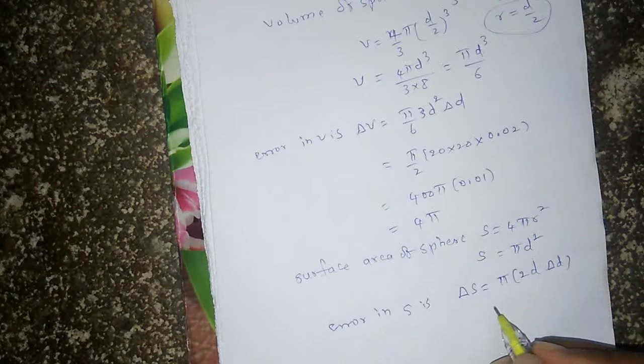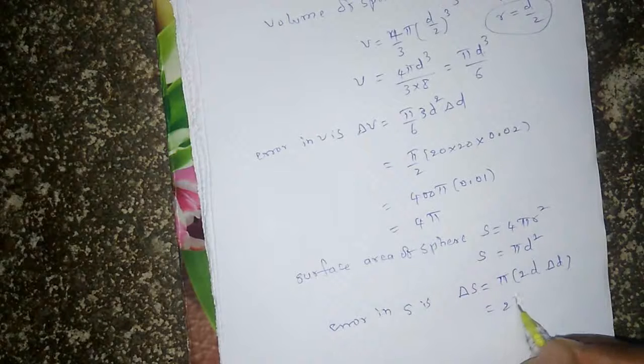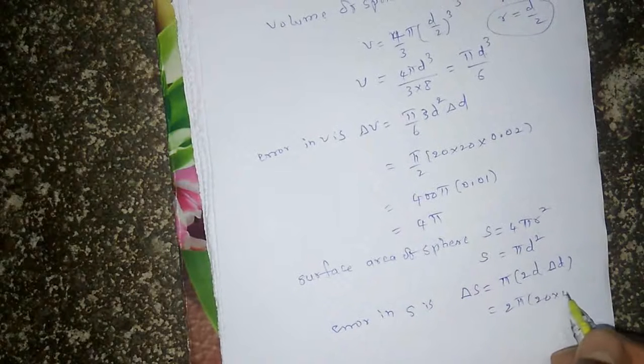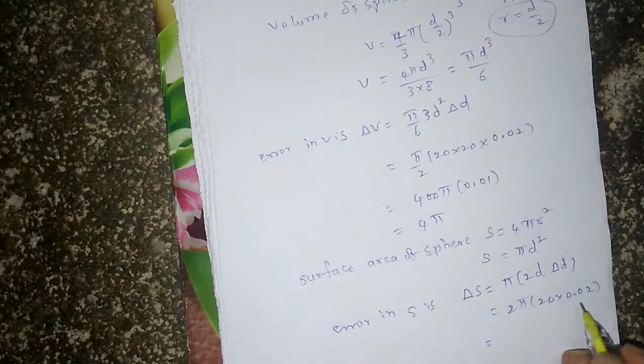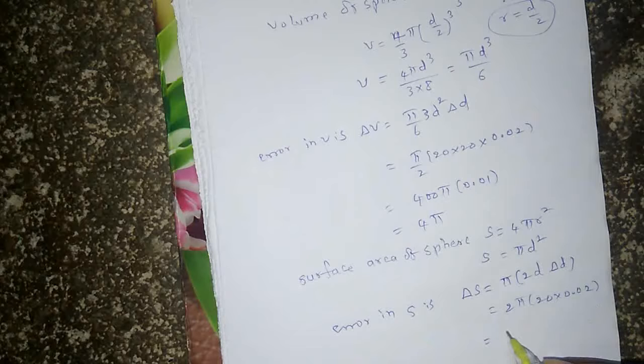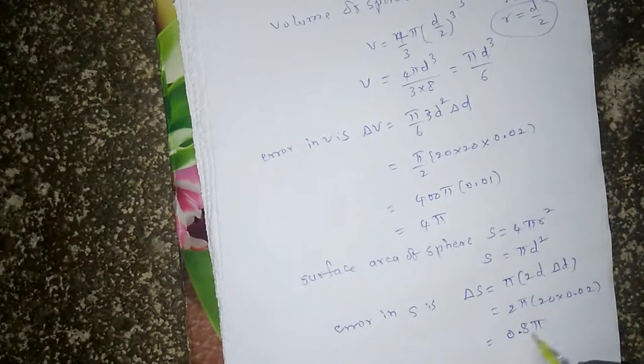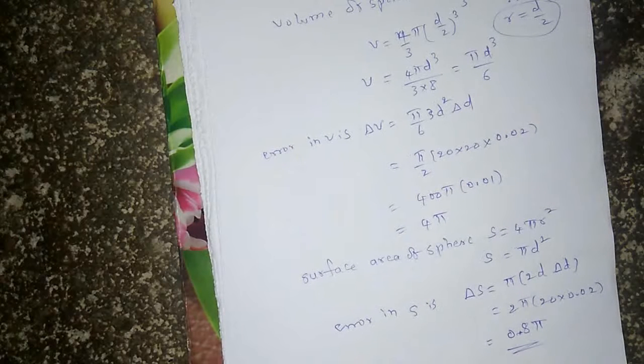Now substitute the values. 2 pi into d is 20, delta d is 0.02. 2 2s are 4, 2 4s are 8, 80 into 0.01, that is 0.8 pi centimeter square is the error in surface area of the sphere.